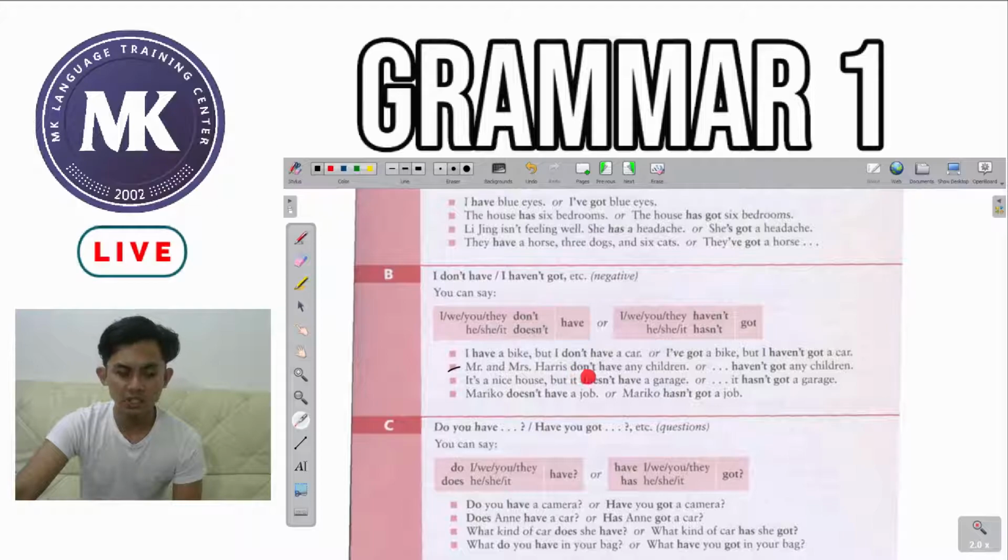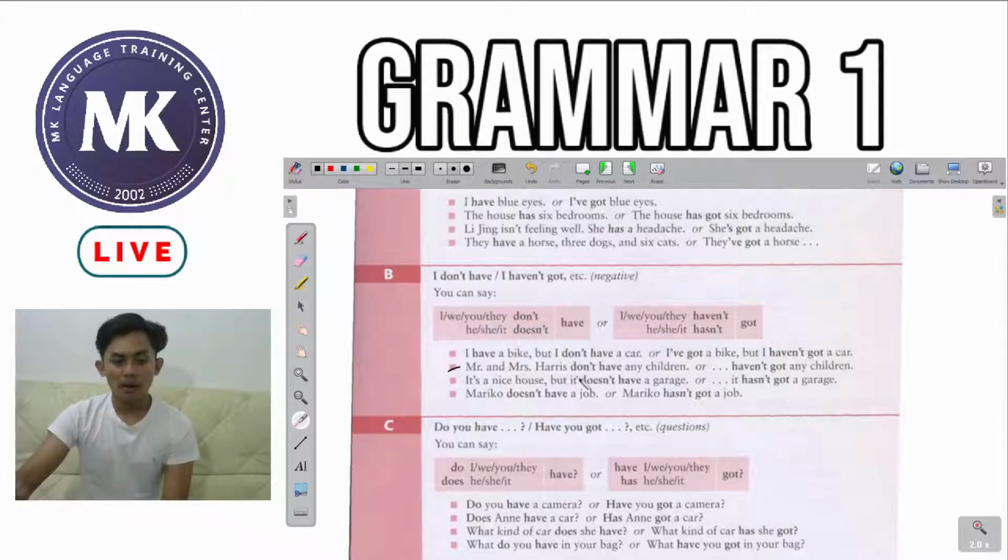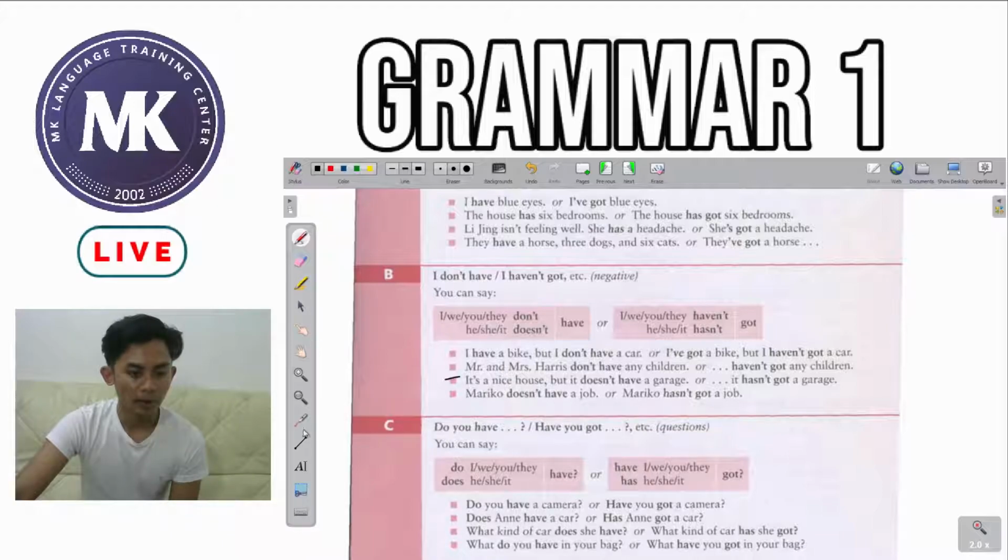But since we're using don't have, it means they do not have children, or means they were not able to bear a child.